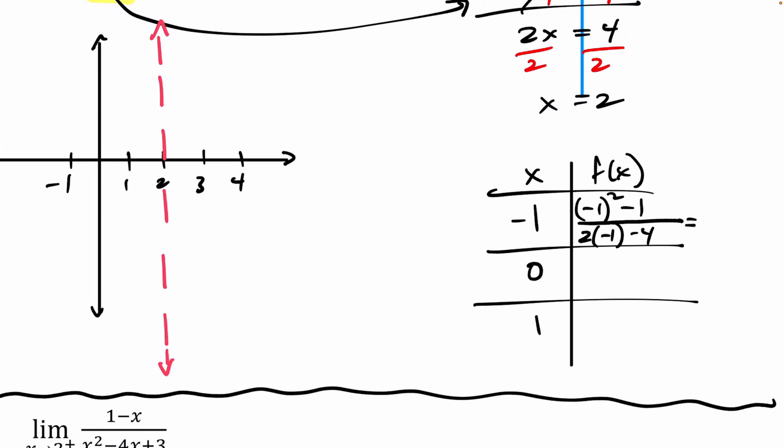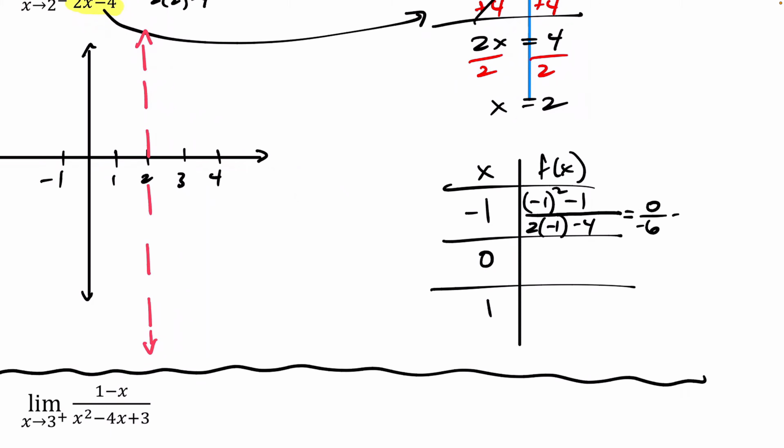The top is actually going to be 0. The bottom will be -6. 0 on top always means 0. So let's make a dot at -1, 0.